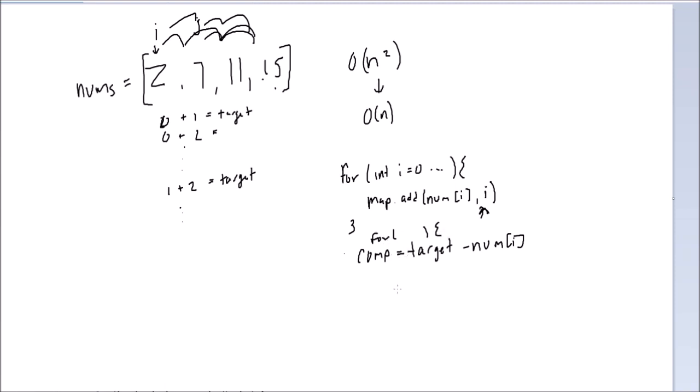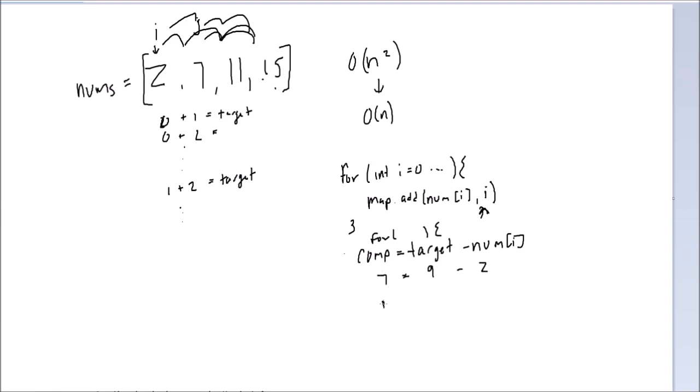It's very sloppy handwriting. So for the size of nums, or the map size, they should both be the same size, doesn't matter. We can find the complement. So if we take the target is equal to 9, and our num index is 2, 9 minus 2 is equal to 7.